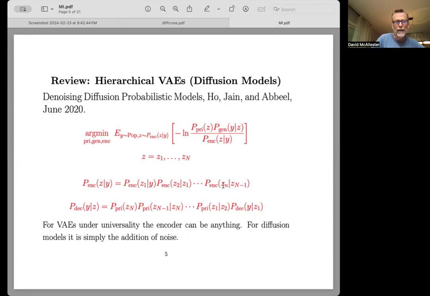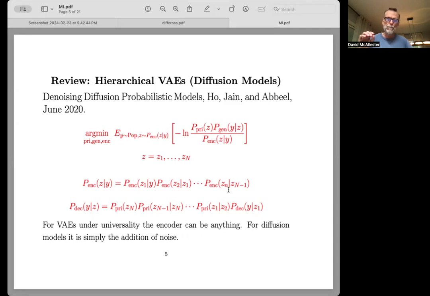Yeah, we're encoding Y. So we're going to generate Z1 from Y, then Z2 from Z1, and so on, and generate Z capital N from Z N minus 1. So the encoder is generating first Z1, second Z2, and so on.